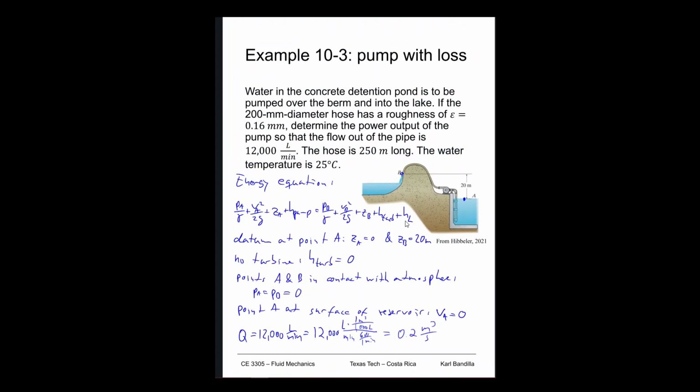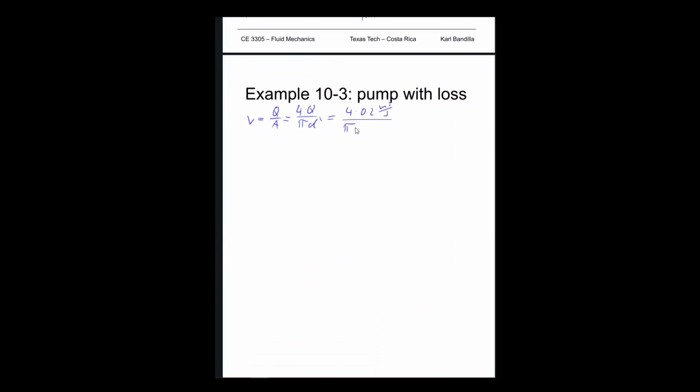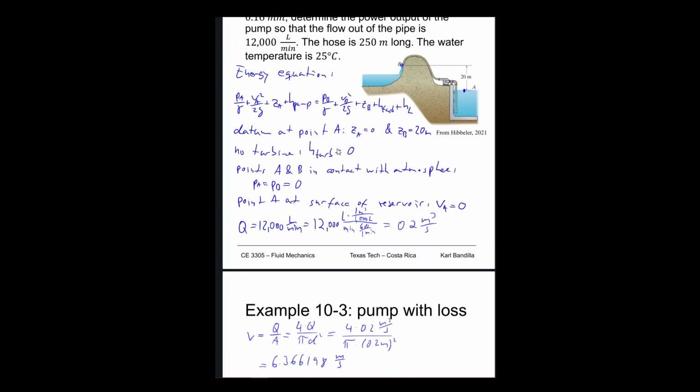Let's see, what's the diameter? 200 millimeters times 0.2 meters squared. That gives me a value of 6.36698 meters per second. And of course, this velocity is going to be constant throughout the pipe because there's no change in diameter in the pipe.